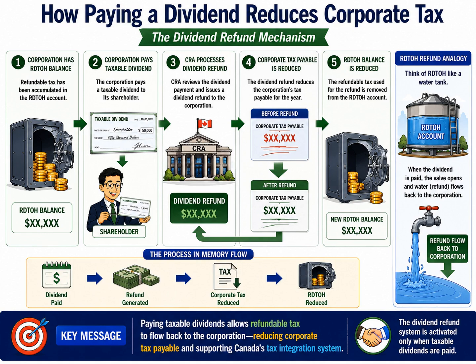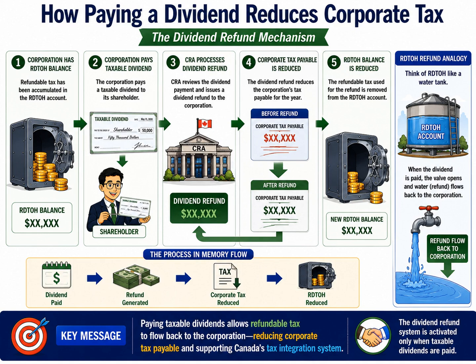Once the corporation declares and pays the dividend, the Canada Revenue Agency reviews the dividend payment and determines the amount of dividend refund the corporation is entitled to receive. The important point is that this refund is not new money. Instead, it is a return of refundable tax that the corporation had already paid in earlier years.